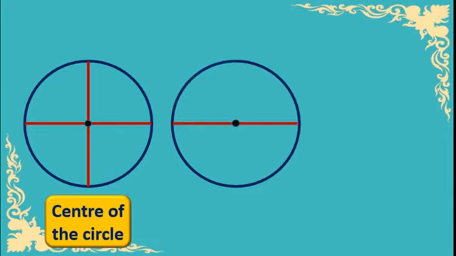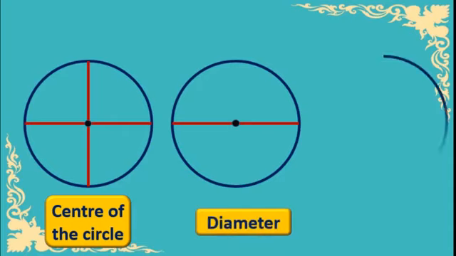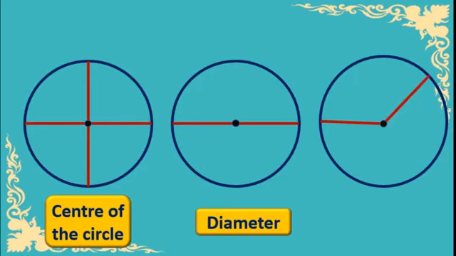One more. You have to tell me what this is. Yes, very good. That is the diameter of the circle. And what is this? See here. The line that joins the center of the circle and a point on the circle. One more we will see. They all have the same length.